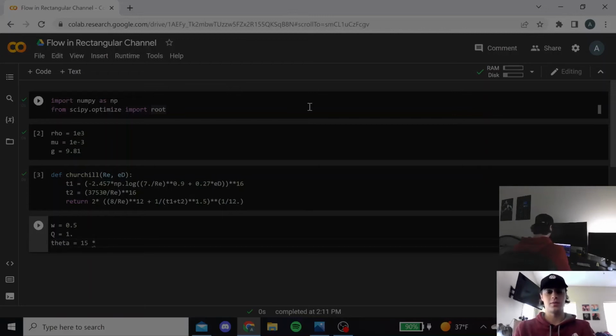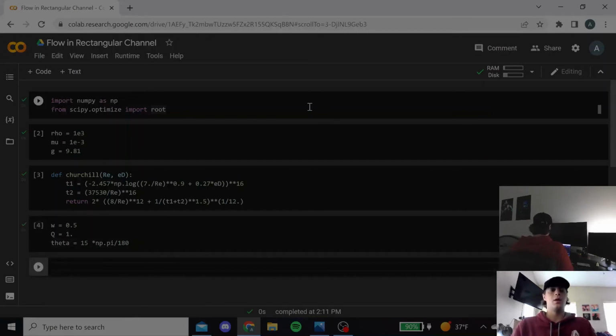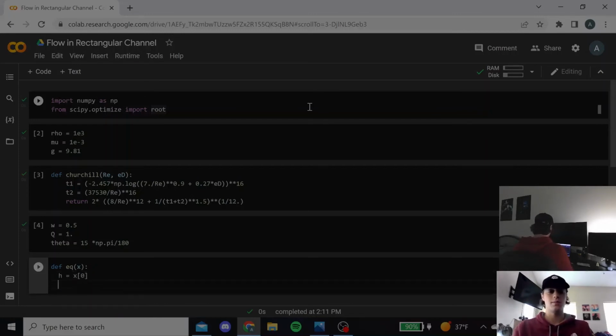We have to remember to convert this to radians. Now we can start to put together our function that we'll pass to the root solver. I'm going to define it as equation, and we'll pass the vector of unknowns. In this case, the only unknown in our vector is h, and that's what we're solving for in this problem.